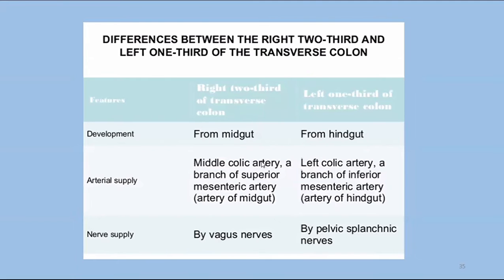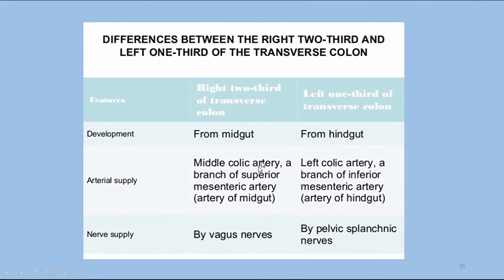For the difference, the transverse colon can be divided into the right 2/3 and the left 1/3. The right 2/3 is derived from the midgut during embryogenesis, and the left 1/3 is derived from the hindgut.